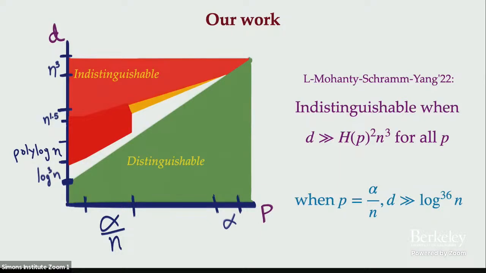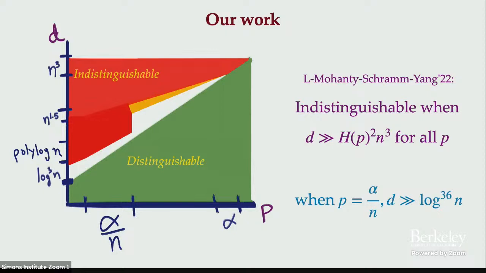Also, specifically, we improved this bound when p is on the order of 1/n: when d is much greater than log to the 36 n, this is statistically indistinguishable from Erdős-Rényi. So there is this gap between log cubed and polylog in here.